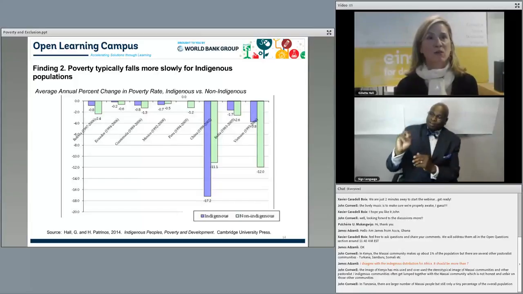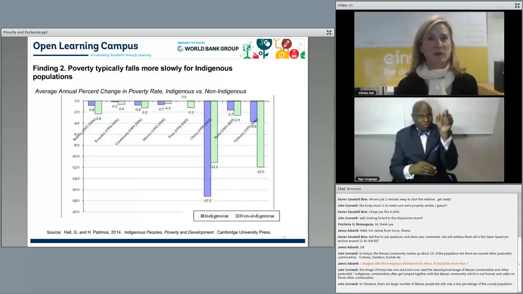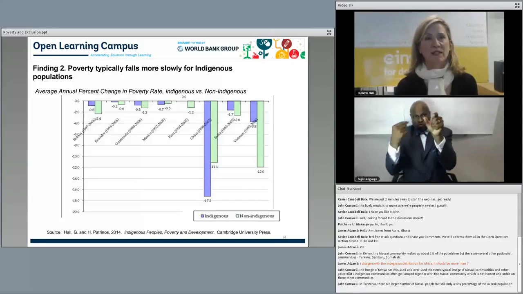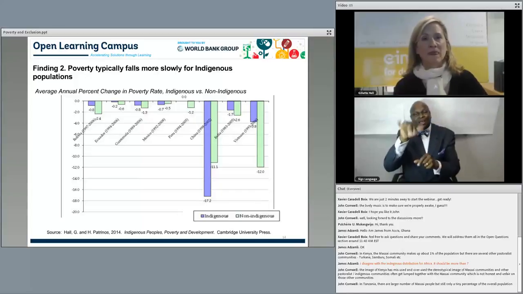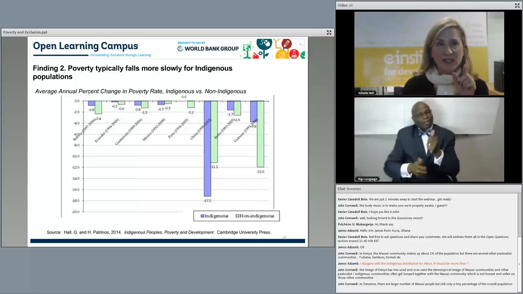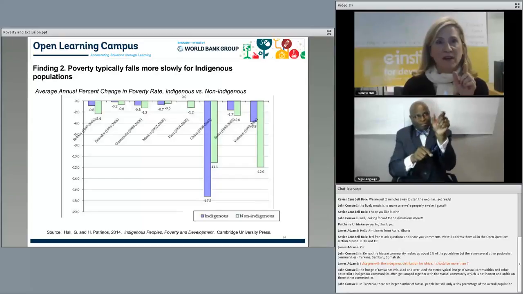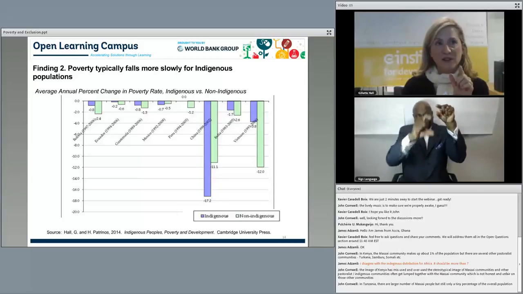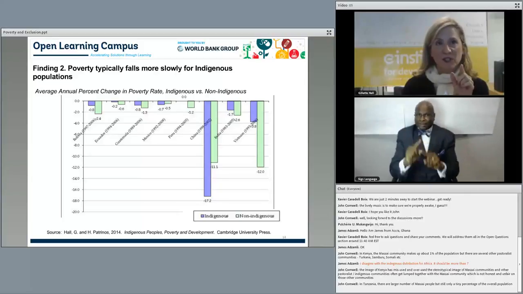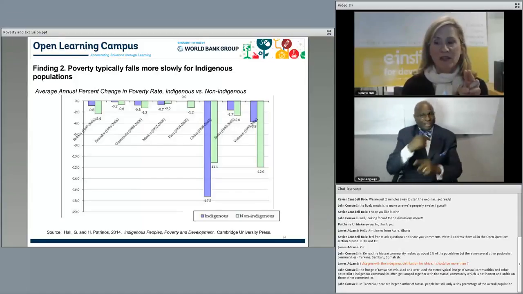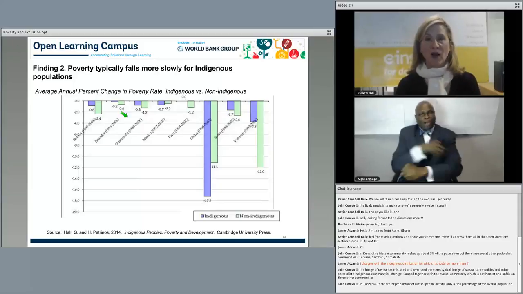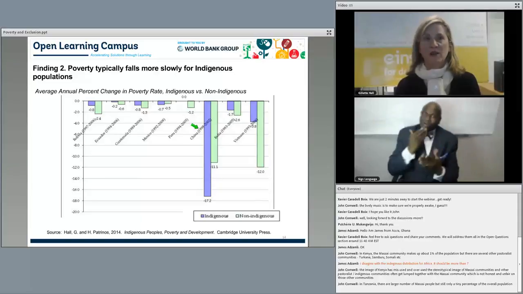The blue bar represents indigenous peoples and the pale green bar represents non-indigenous. You will see that in most cases the blue bar is shorter than the pale green bar. You will also see that there's an interesting exception, which is China. We are only covering a short period of time there, however, but China, being the powerhouse in poverty reduction around the world, has also done a very good job at closing or beginning to close the indigenous poverty gap.